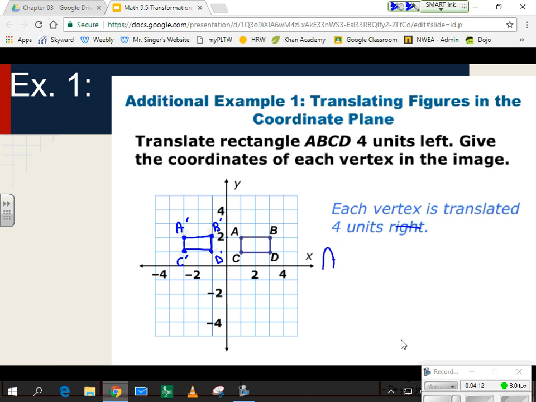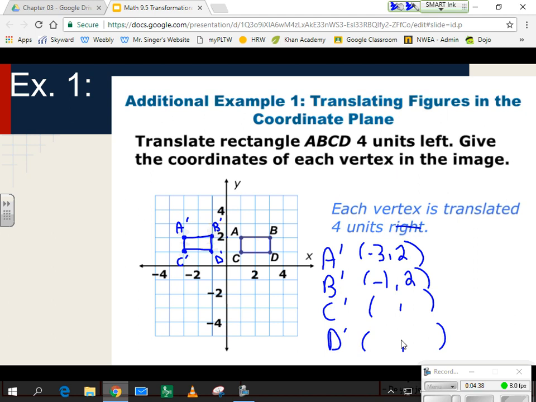And now we're going to give our ordered pairs of A prime, B prime. Make sure you put that apostrophe, C prime, and D prime. Put my parentheses, comma. So for A, the new A is now over -3 up 2. B is over -1 up 2.